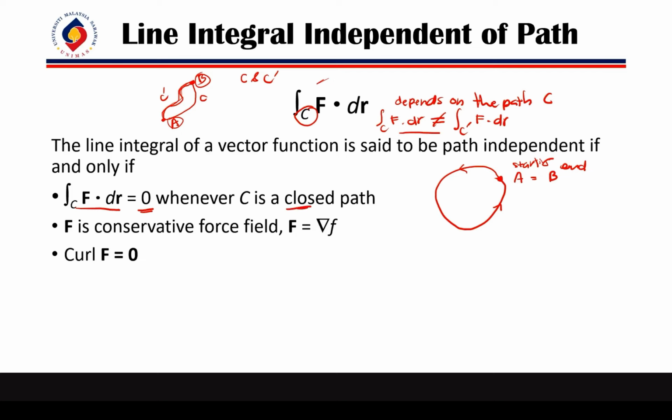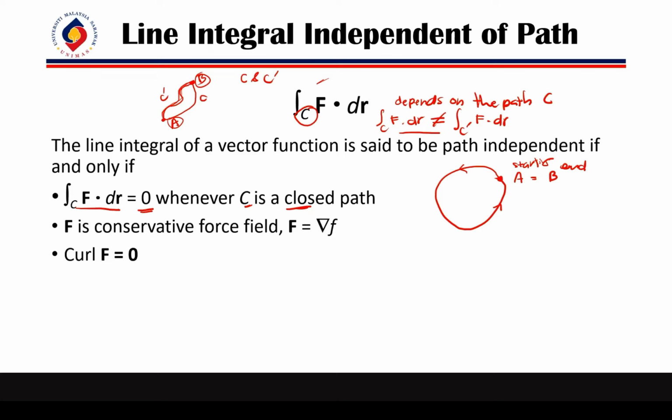So we have the same endpoint with a closed path. That means the line integral is independent of the path where the curve C is a closed path. Closed path means the starting point and the end point are exactly the same point, right?